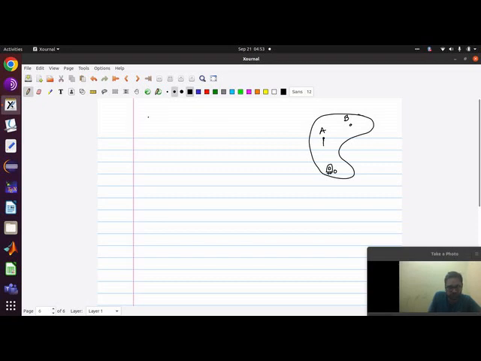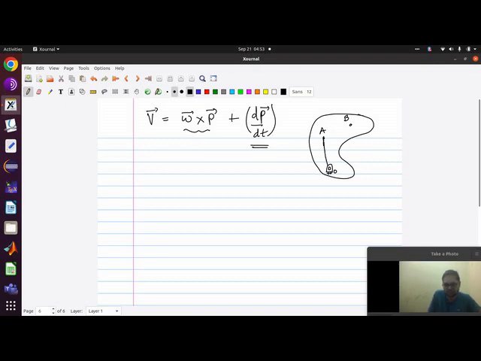So velocity is omega cross p plus dp by dt. This component will be along the length of the vector. This component will be perpendicular to the vector. So in this case we have only pure rotation.